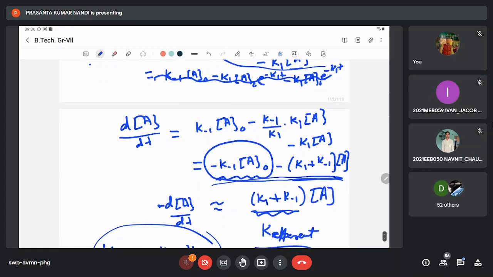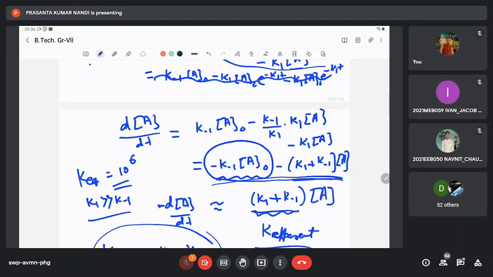Okay, now the question is, say at the very beginning of the reaction, if you look at the equilibrium constant, its magnitude is 10 to the power 6. So that means K1 is much, much larger than K minus 1. Can we write like this? Yes, sir.